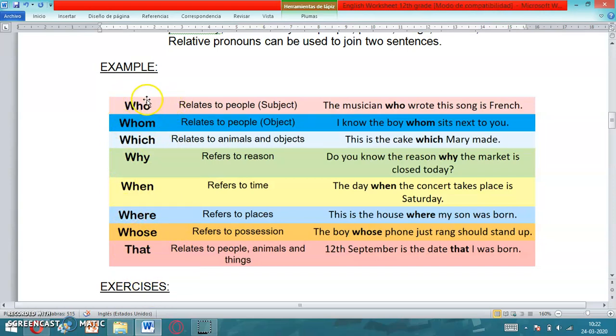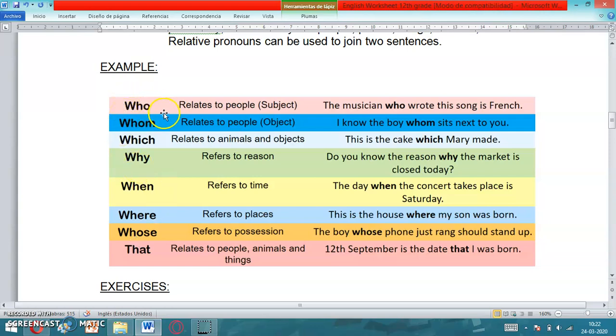Okay, who. You can also notice that these words we also use in questions, but in this case we're not using them in questions, we are using them as pronouns that relate sentences.